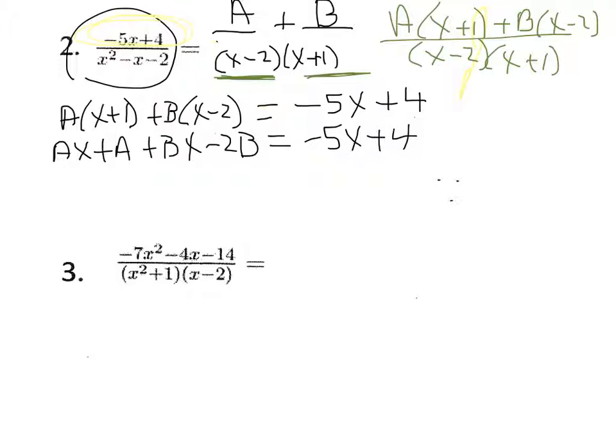The next thing you do is ask, what on the left side would be the coefficient of the linear term? It's everything that's with an x. So this and this have to be equal to the negative 5x. We don't really need the x's, so I'm going to write that a plus b has to be equal to negative 5.